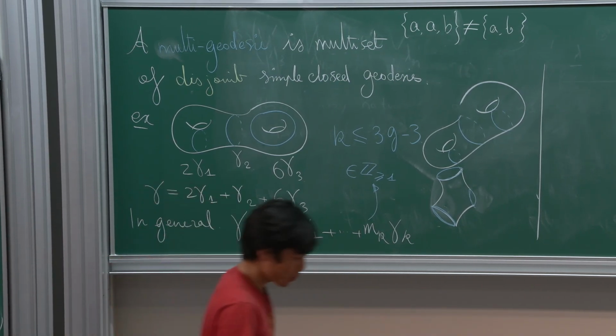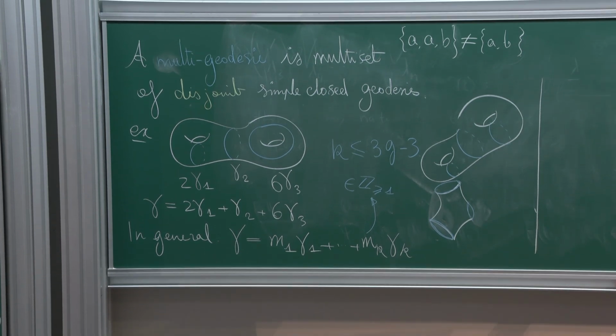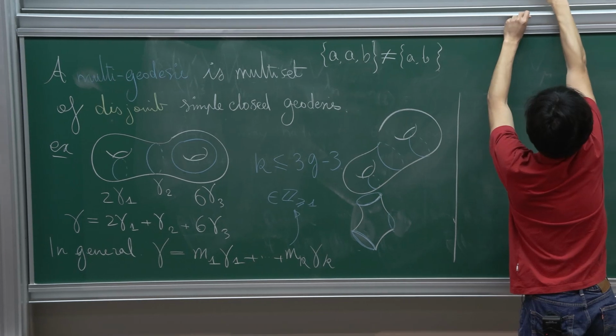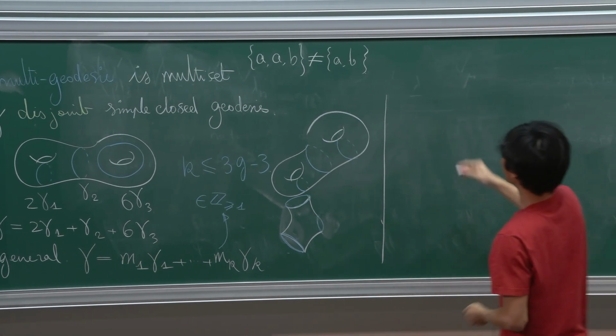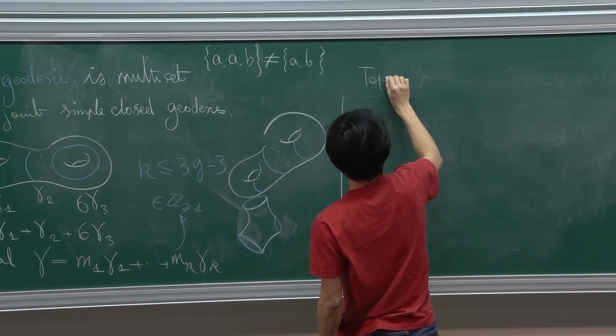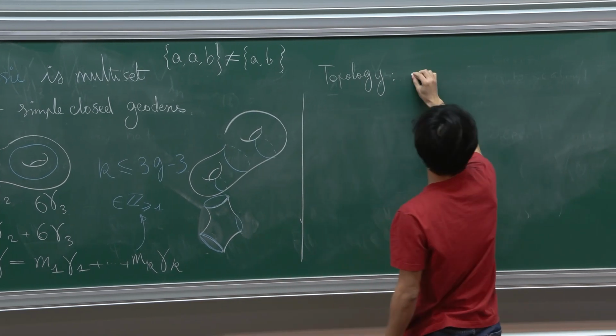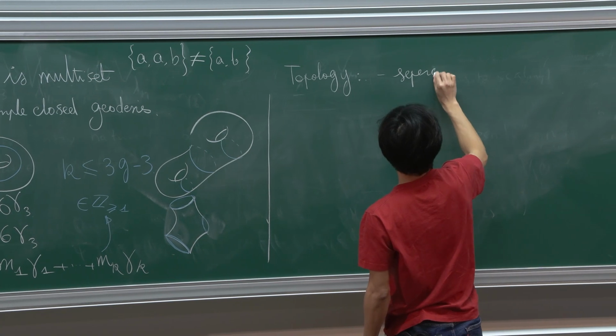Okay, so for multi-geodesics, you can ask exactly the same questions about topology and geometry. On the topological side, you can still ask whether it's separating.